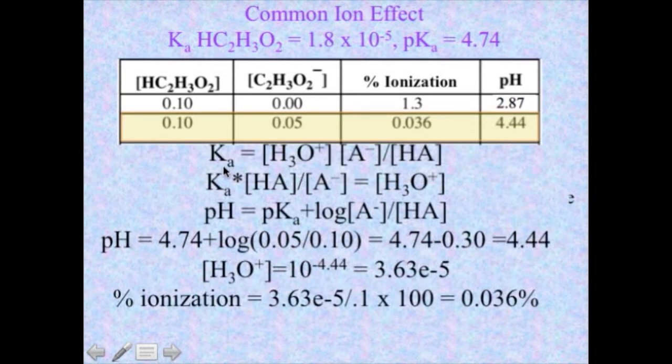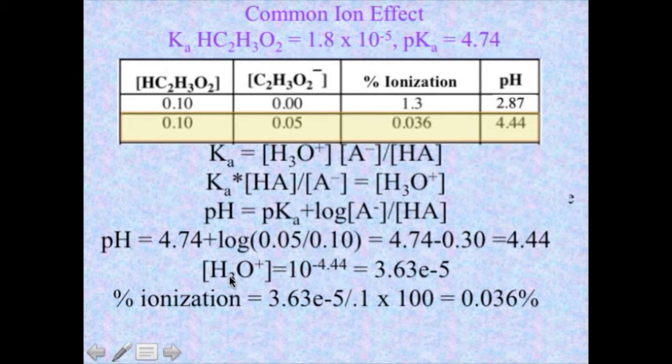All right, here we go with the Henderson approach to the problem, where the equilibrium constant equals the mass action equation, the concentration of hydronium ion times the concentration of conjugate base divided by the concentration of weak acid. So we rearrange and write the Henderson equation out and plug in our values, 4.74 for the pKa, and then the log of the conjugate base concentration divided by the weak acid concentration.